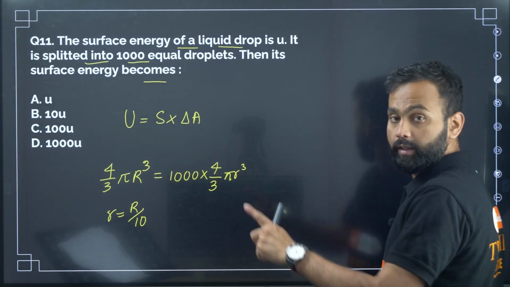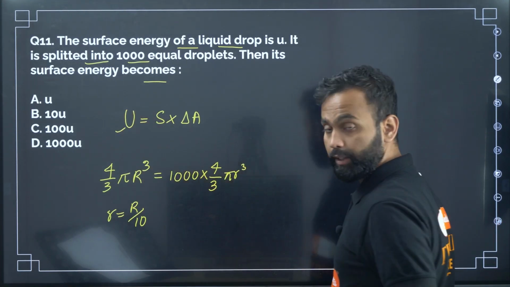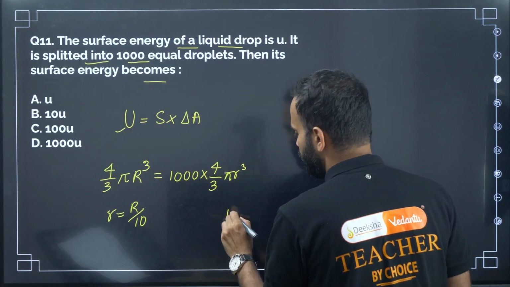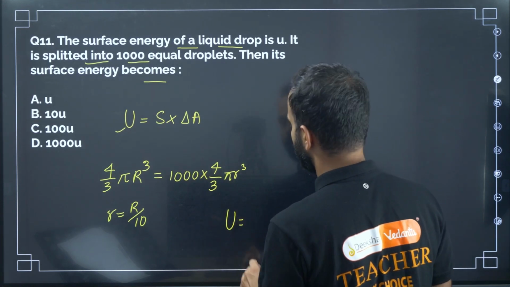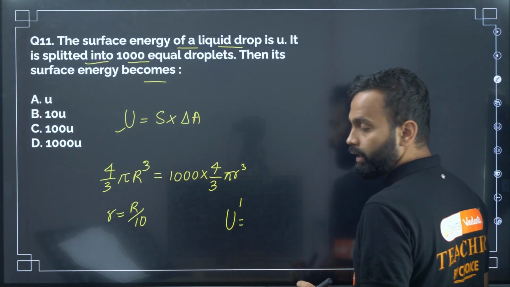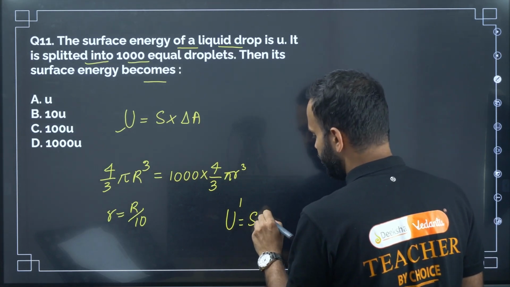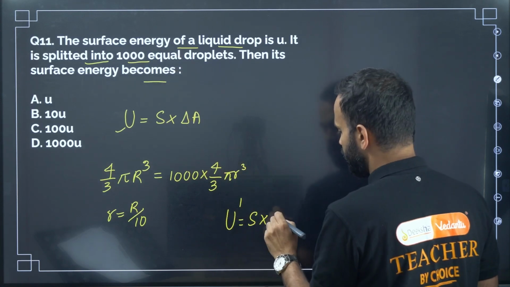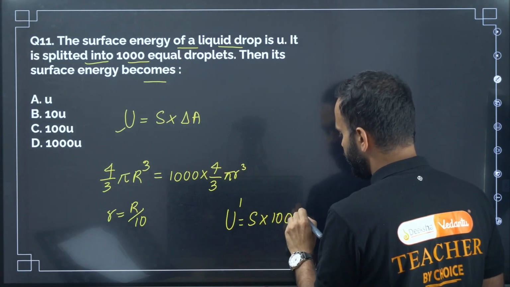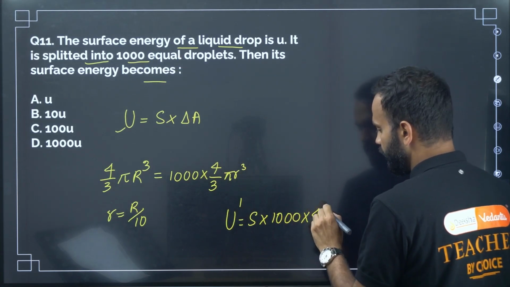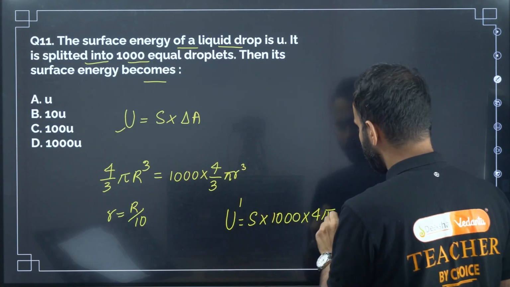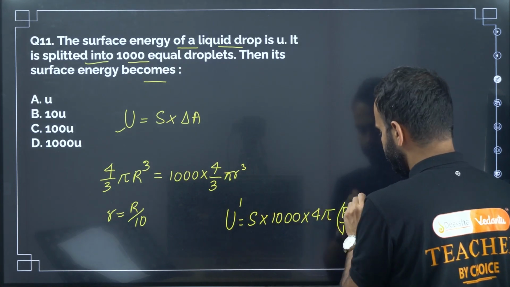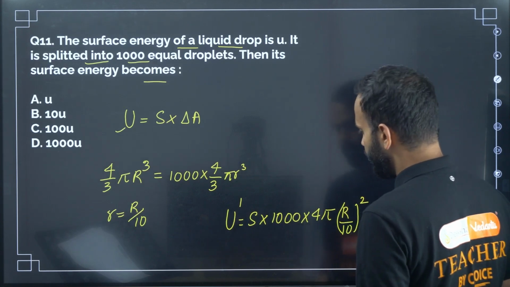So what is the surface energy of the 1000 liquid drops? U dash is equal to surface tension S into surface area. Surface area will be surface area of 1000 drops, 1000 into 4 pi small r square. Small r square is r divided by 10 whole square, right?